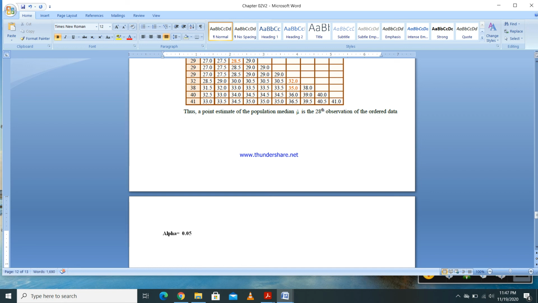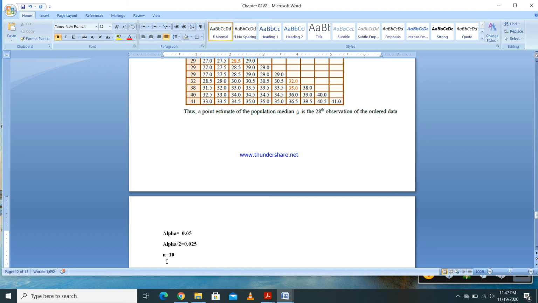In this case, we have to take alpha divided by 2. Since it's a 95% confidence interval, that is 0.025. Here the n value is equal to 10.